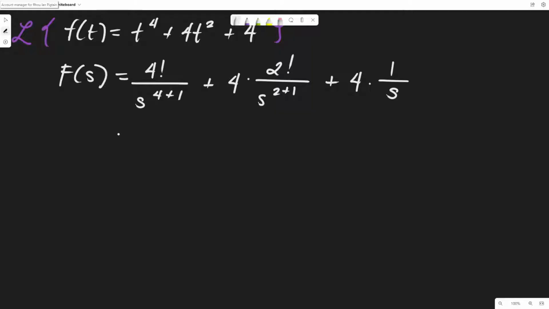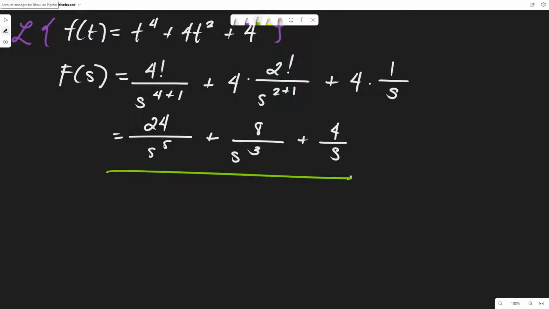So 4 factorial is 4 times 3 is 12 times 2 is 24, over s raised to 4 plus 1 is s raised to 5. Then plus 4 times 2 factorial, so that is 2 times 4 is 8 over s cubed. Then we have plus 4 over s.